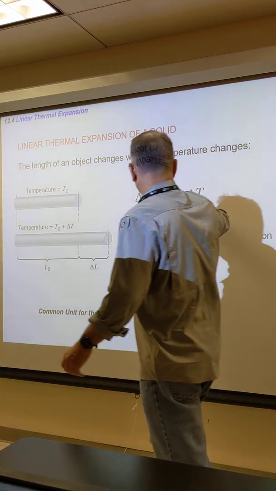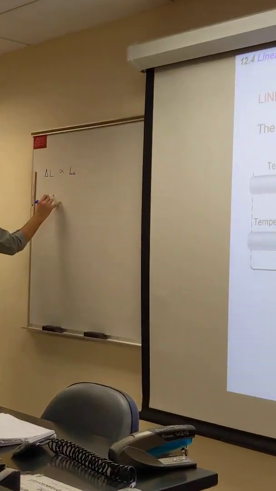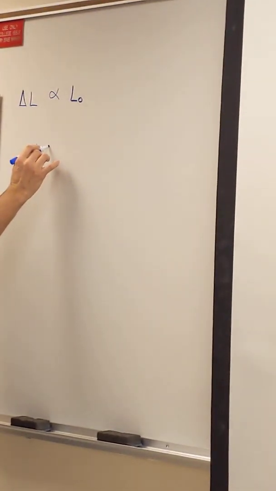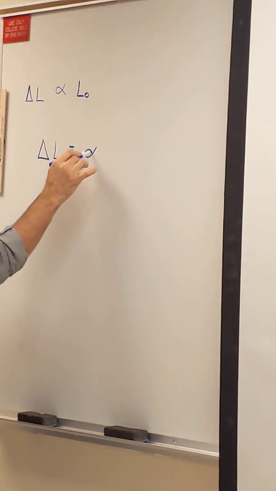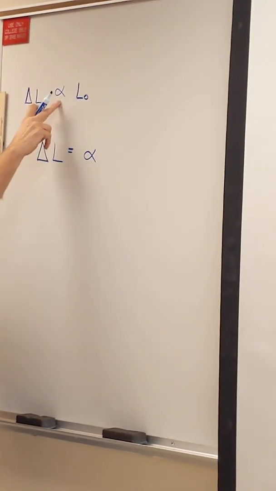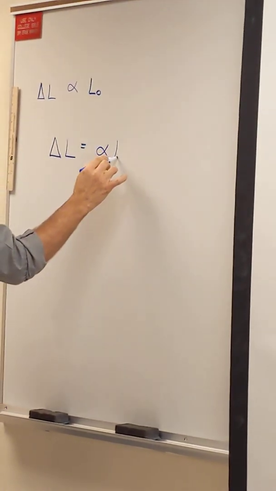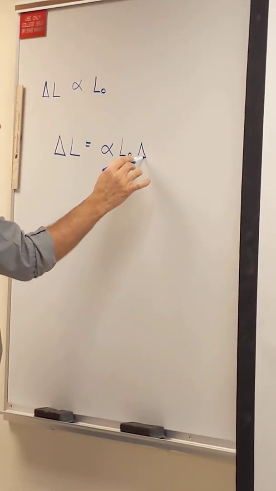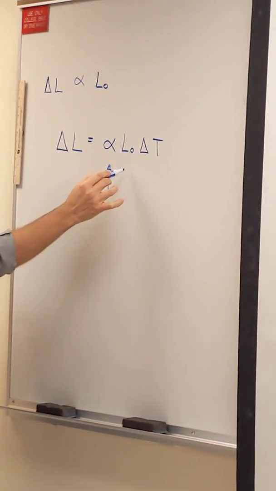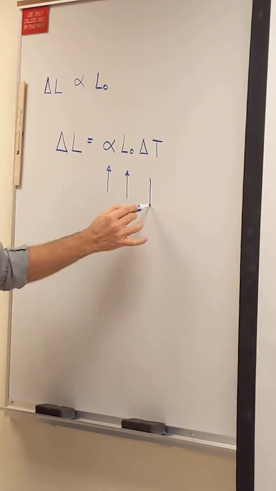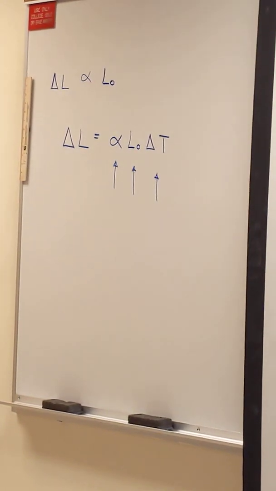And of course, it also depends on the change in temperature. So if I want to write a complete equation, and this is what you'll need to know for sure, I take alpha, which is not the proportionality constant, unfortunately, don't get confused, times L naught times the change in temperature. So there are 3 things that influence how much a long thin rod will stretch or shrink.